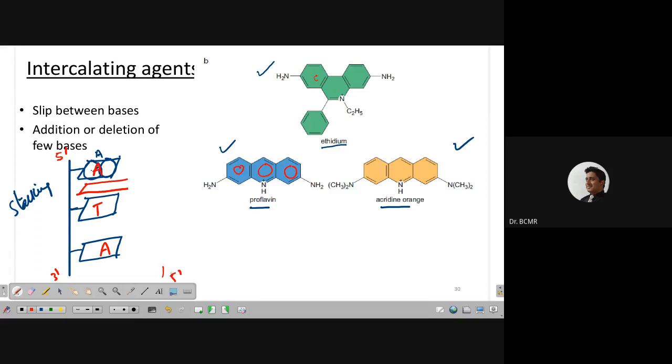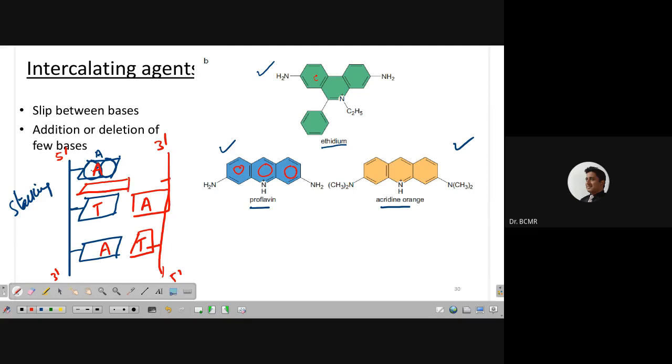This is 5', and it should be polymerizing towards the 3'. So what base would it add? It will add thymine. What base should it add? It will add adenine.